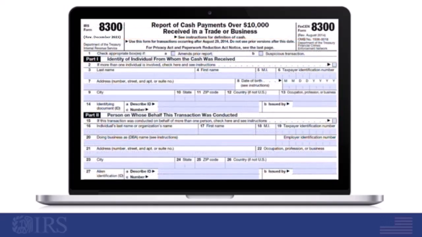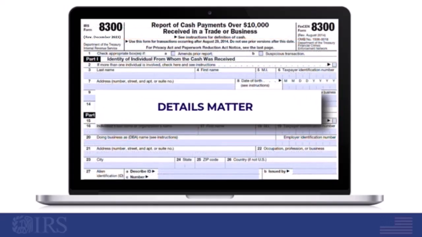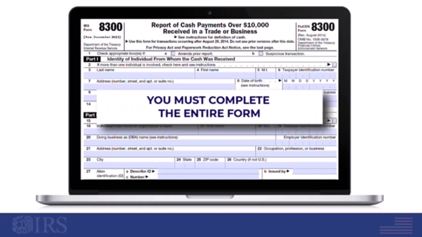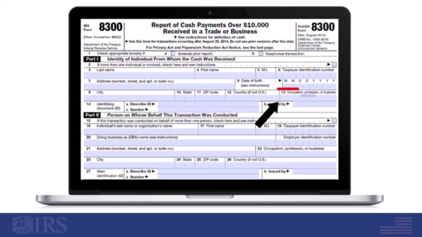While we're in Part 1 of the form, it's important to point out that details matter. As mentioned earlier, Form 8300 is a useful report, especially to those who work to combat illegal activities. Remember, you must complete the entire form. Look at item 13. It asks for occupation, profession, or business of the individual providing the cash.